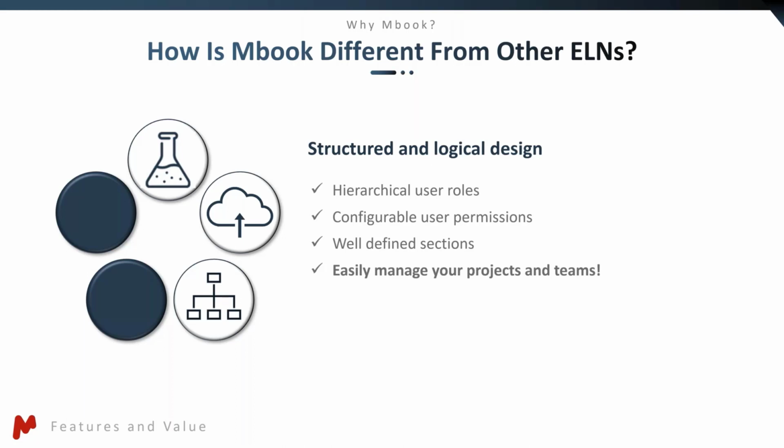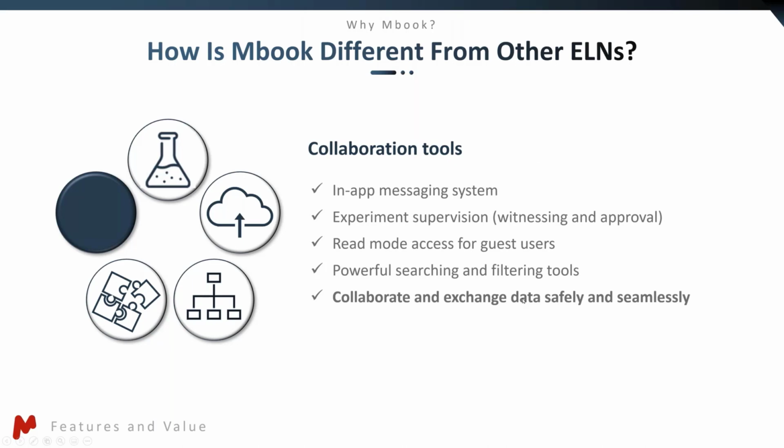How it's organized? There's a strict hierarchy from top to bottom, so you can configure the permissions accordingly. You have well-defined sections, so you can sort and move the projects as well as the groups of the users. And since collaboration is important, you have an in-app messaging system, so you can ask your supervisor for approval of the reaction or witnessing your colleague if you are working in a regulated environment.